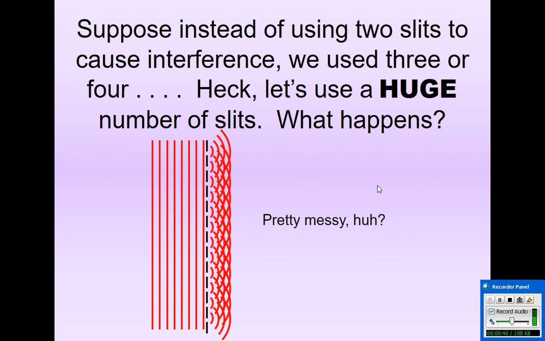But what happens if we increase the number of slits? So 2, 3, 4, 5, 6, 7, however high we want to go, an arbitrarily large number of slits through which we have these coherent plane waves of light passing. And each little slit is going to serve as a source of light. What happens?